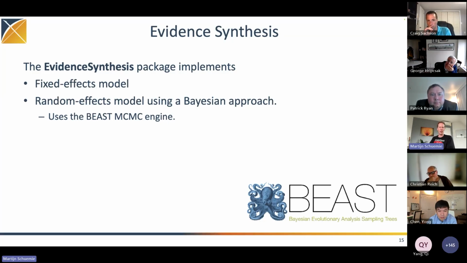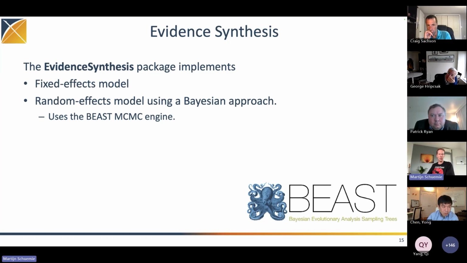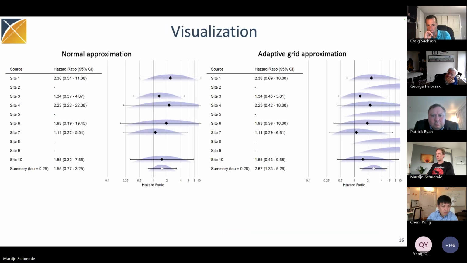So we use a Bayesian random effects model, where we have a prior on the random effects standard deviation, and then we basically update that with the data that we get. And for that, we use the BEAST Markov chain Monte Carlo engine. Anyway, long story short, what then happens is, before, things would be like you see on the left.